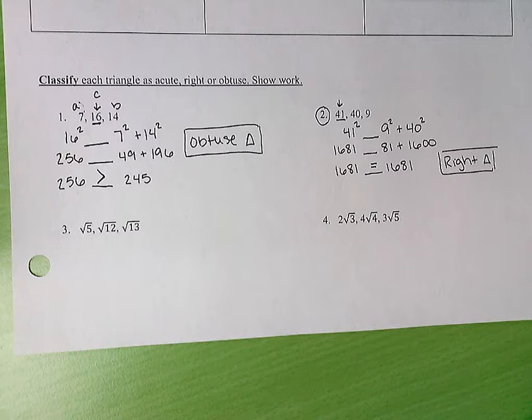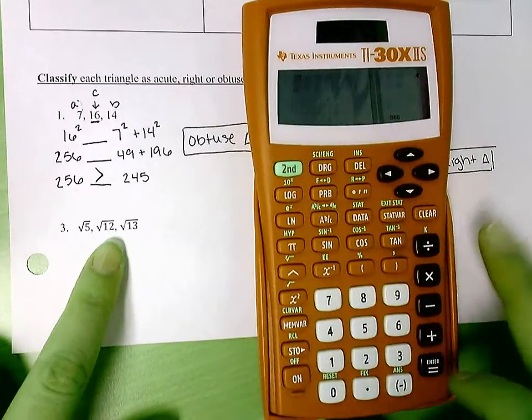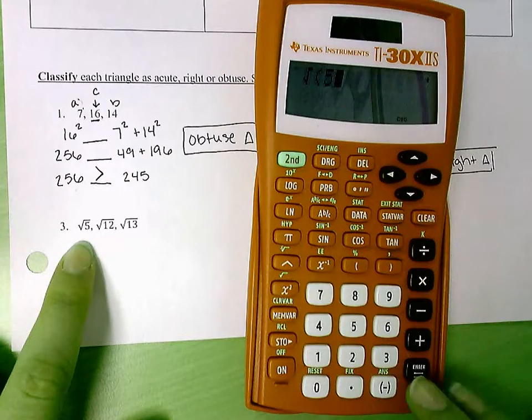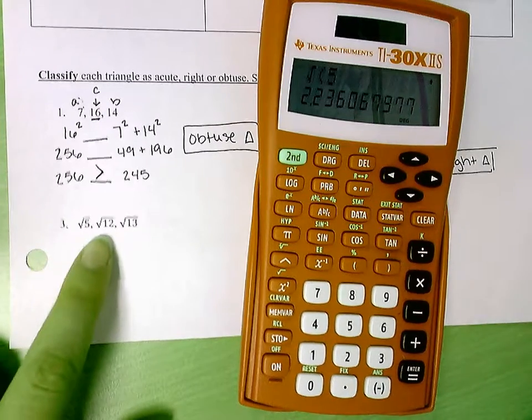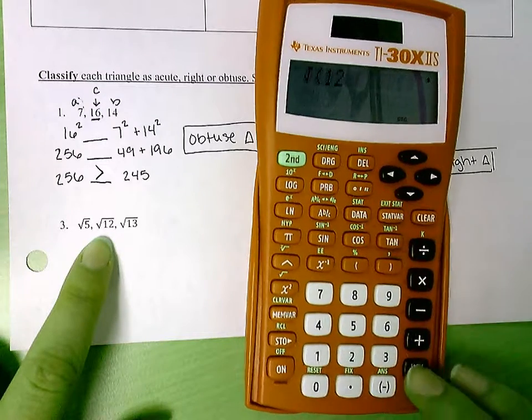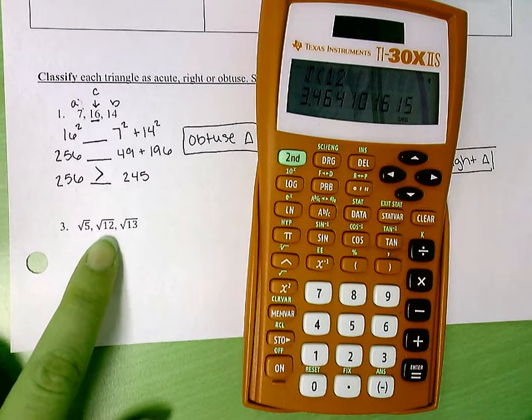So if I didn't know which one of these 3 was my greater number, I could take the square root of 5. I get about 2.2. Then I could take the square root of 12. I get like 3.5. That's greater than 2.2, so right now square root of 12 is the greatest.